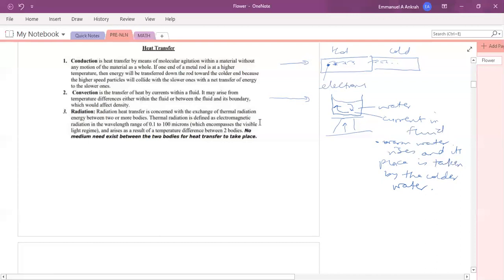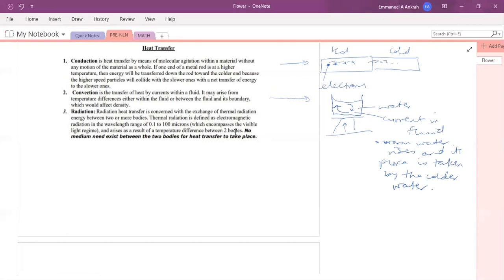So this is a range. Visible light is within that range, and it arises as a result of temperature difference between two bodies.